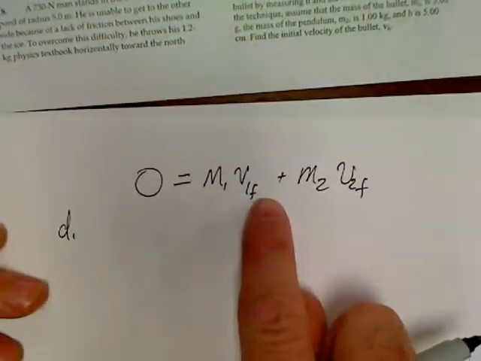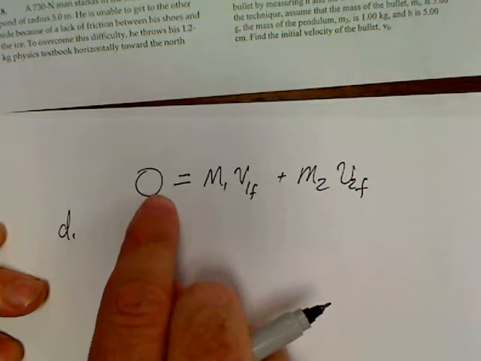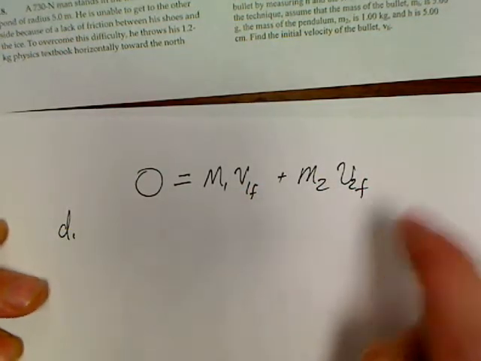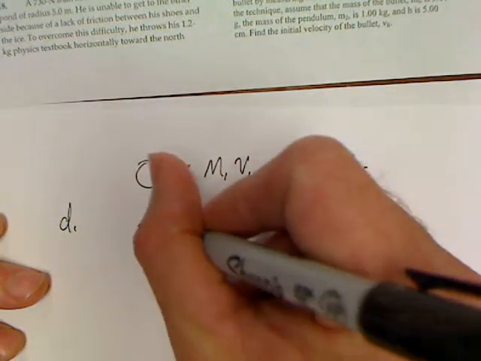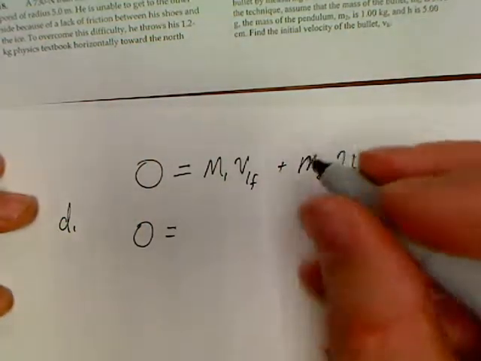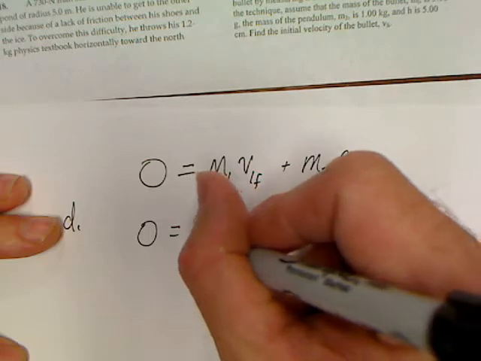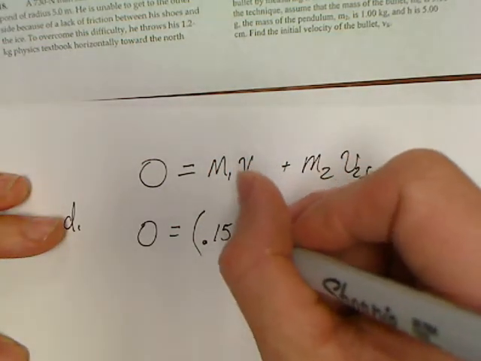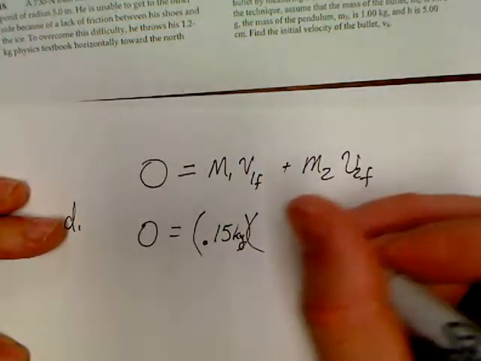Well, there's our equation. The initial momentum is all 0, so it's just 0 equals M1 V1 final plus M2 V2 final. So all we've got to do is 0 is equal to M1, the baseball was M1, so it becomes 0.15, times, I'm actually going to write units in. I know it's crazy, but I'm going to do it.